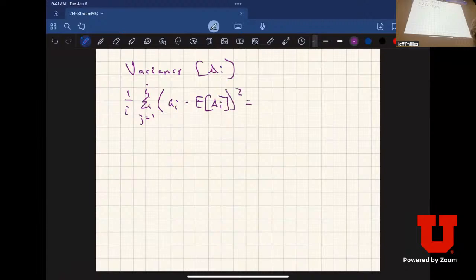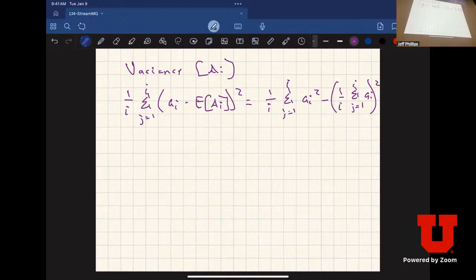I can rewrite this as 1 over I, sum j equals 1 to I of A_j squared, minus the expected value of A_i, squared.